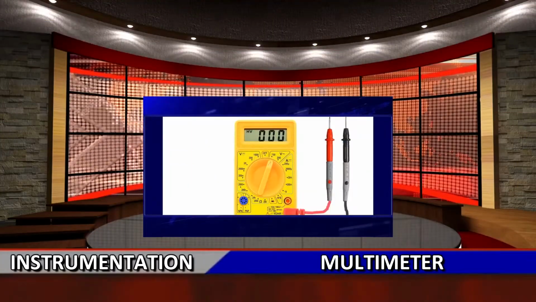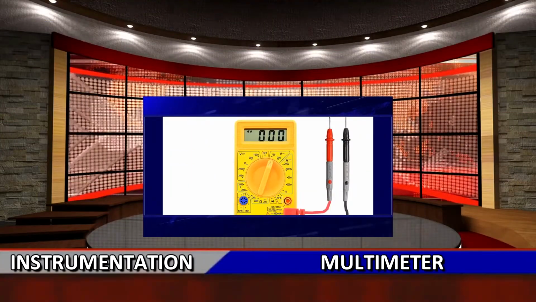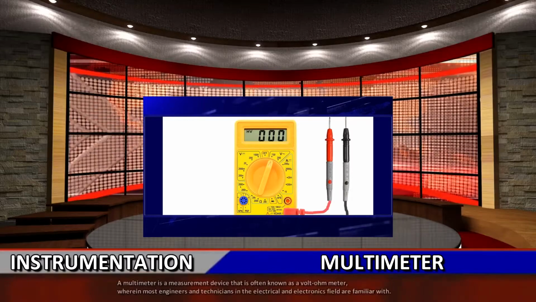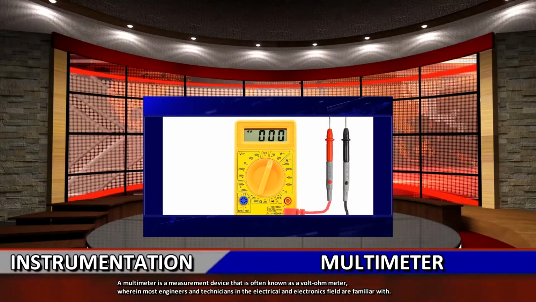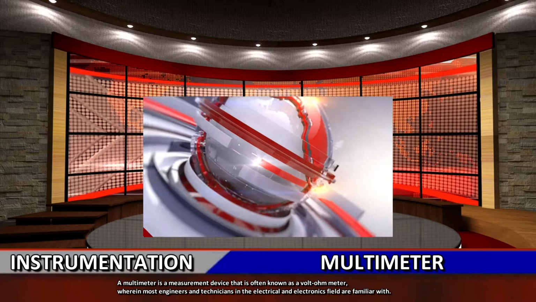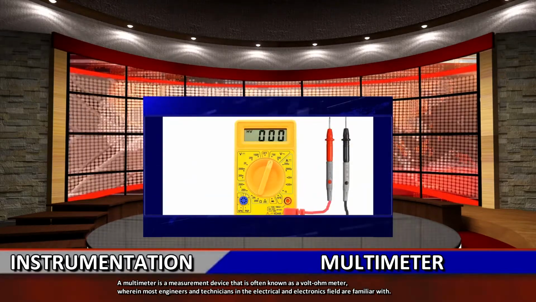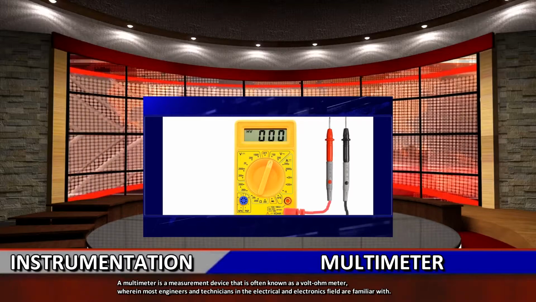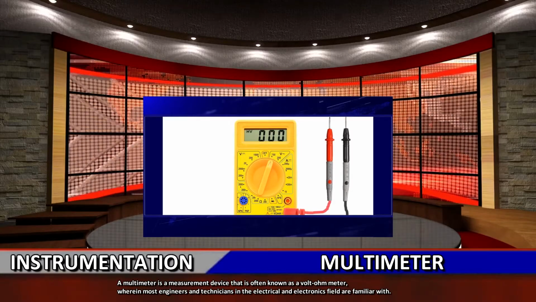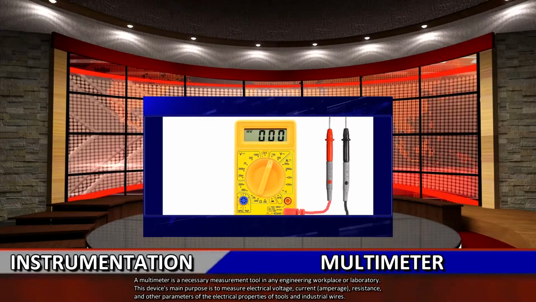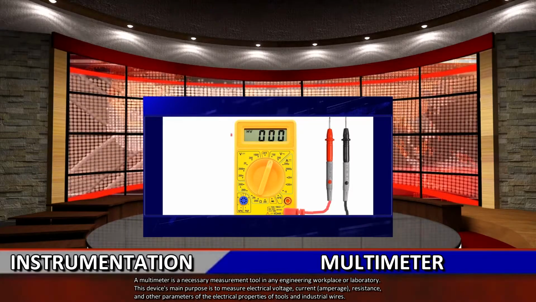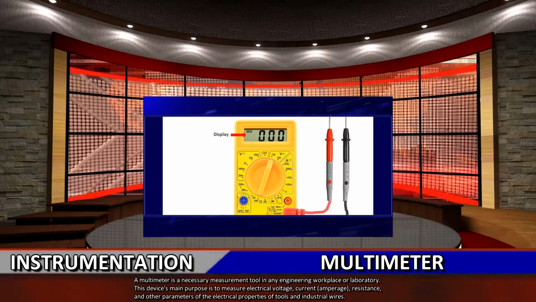Multimeters come in a variety of shapes and sizes depending on their use. A multimeter is a necessary measurement tool in any engineering workplace or laboratory. This device's main purpose is to measure electrical voltage, current, resistance, and other parameters of electrical properties of tools and industrial wires.